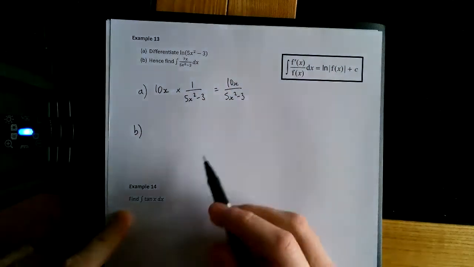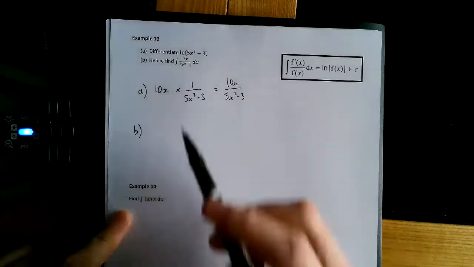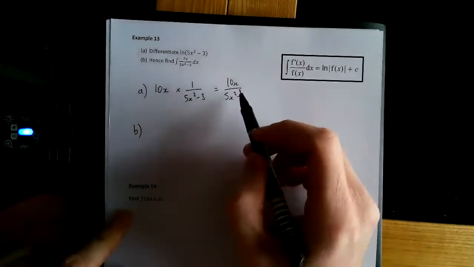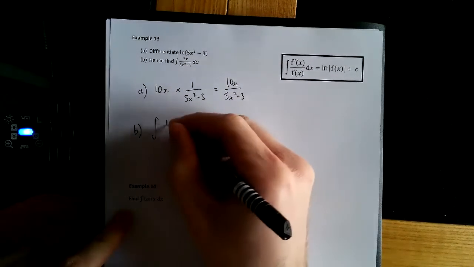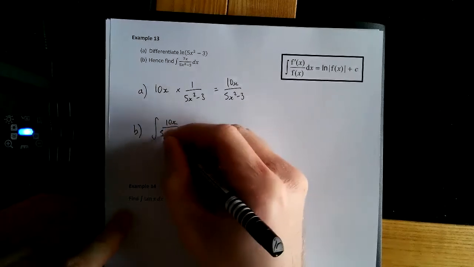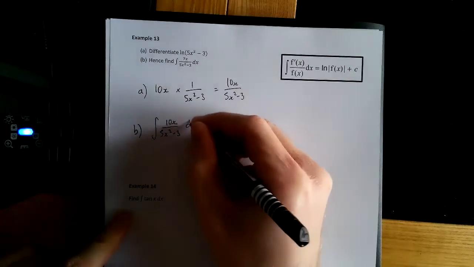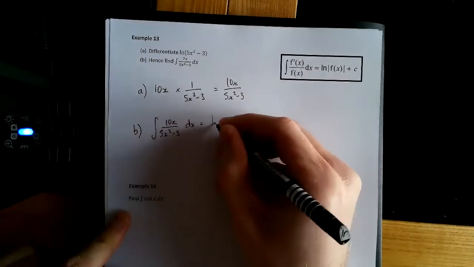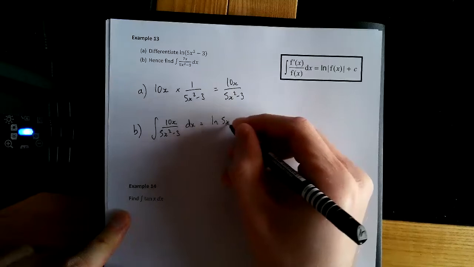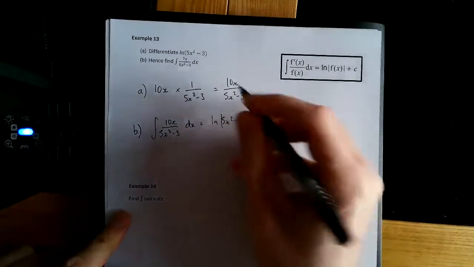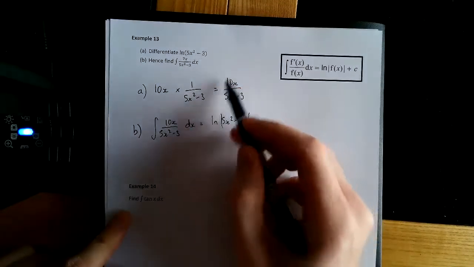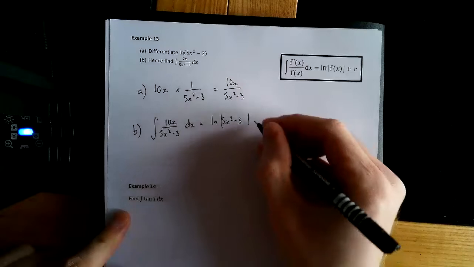And B, well, it wants us to integrate that. Well, if I integrate 10x over (5x squared minus 3), I should get ln of (5x squared minus 3), just from part A. Look, if I integrate that, I get back to where I started.